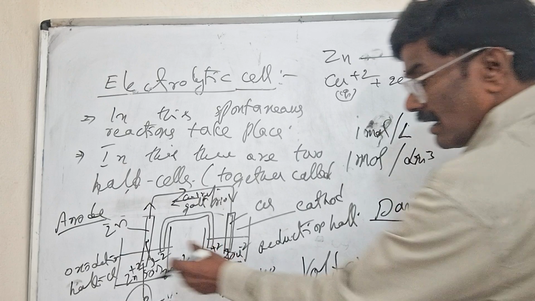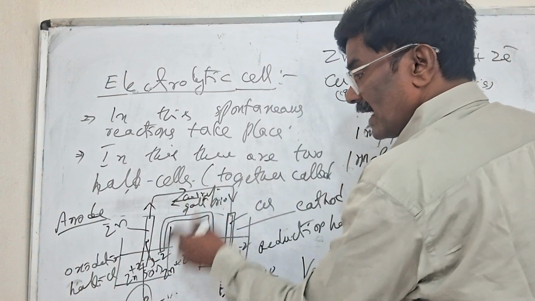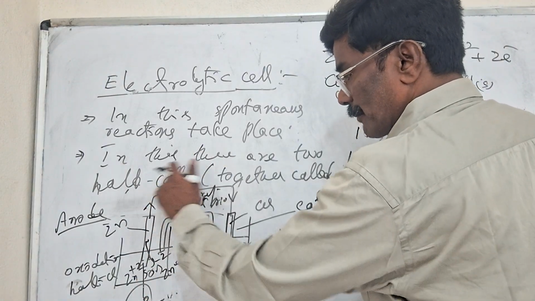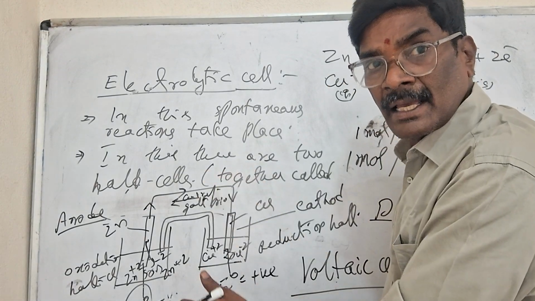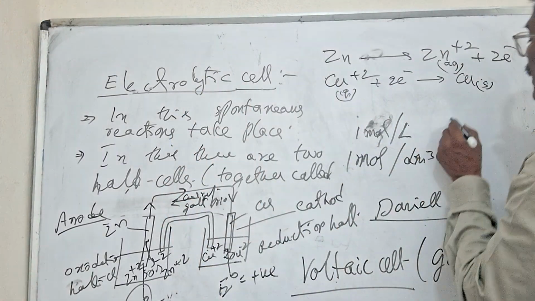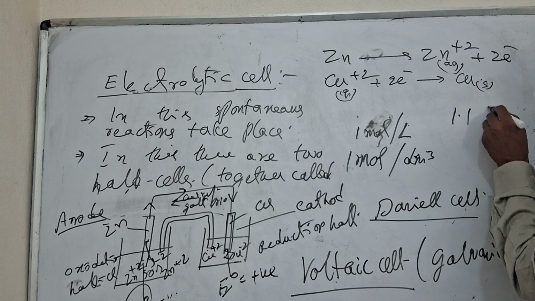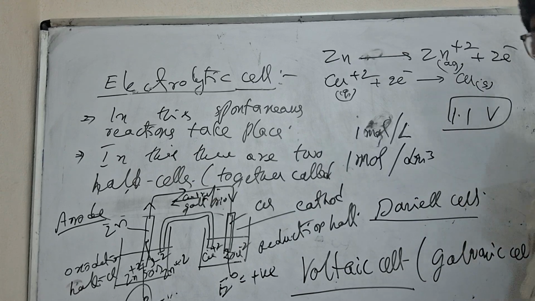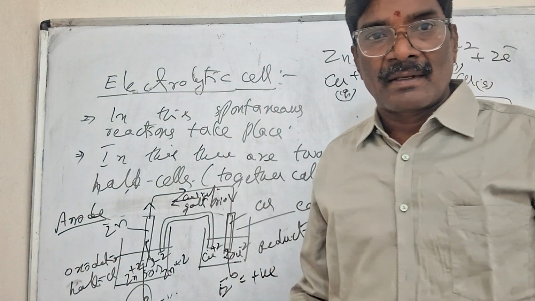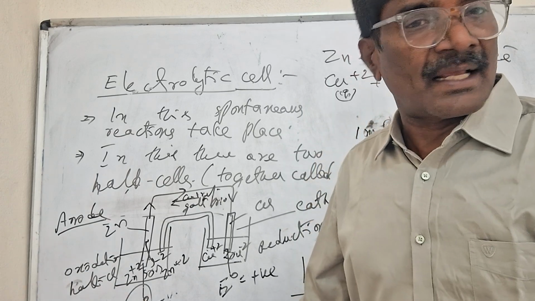When the ions are in unity, the electric potential of this electrolytic cell is 1.1 volts. So this is the construction of the electrolytic cell.